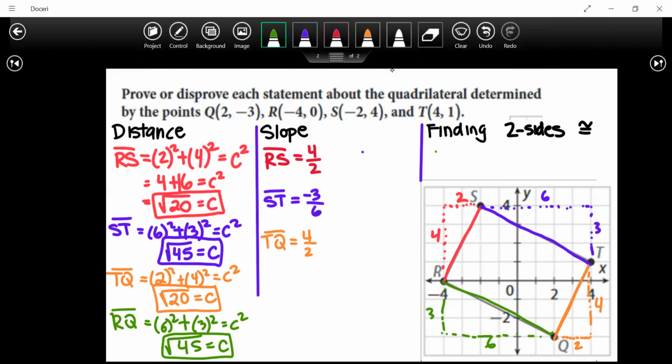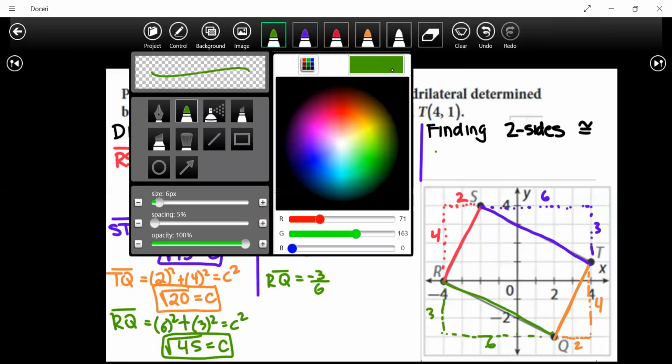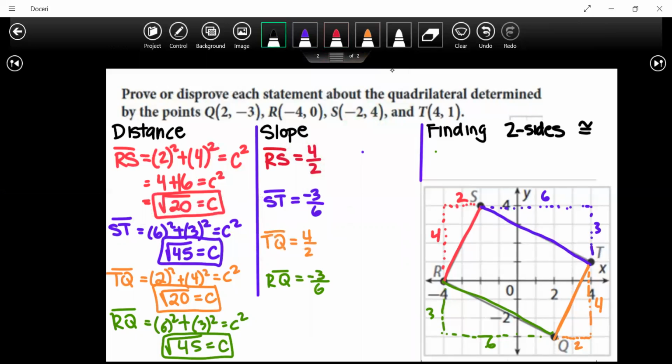And RQ will be what? Negative 3/6. Now, your calculator will reduce these. RS should give us 2. ST should give me negative 1/2. TQ is 2. Negative 3/6 is negative 1/2.